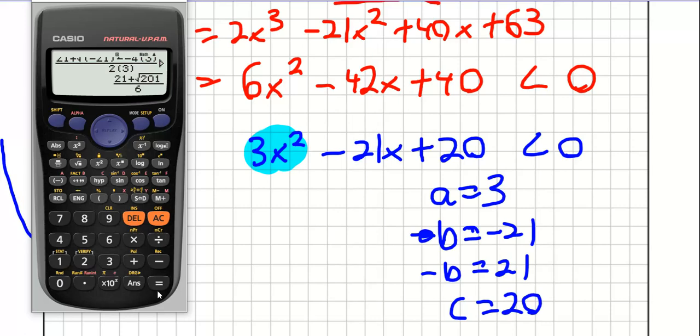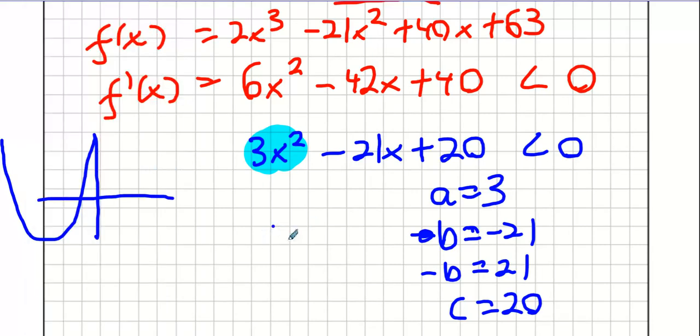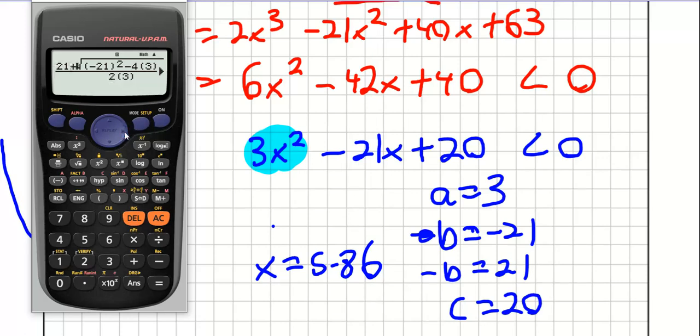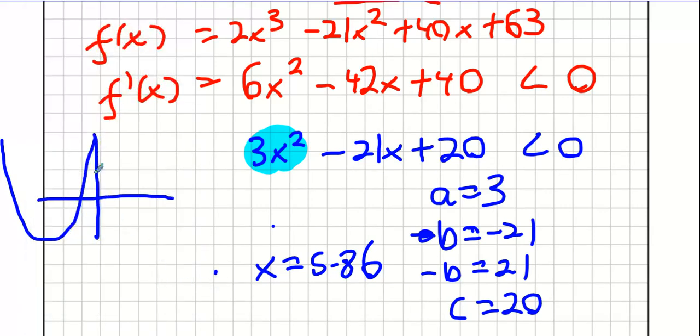I'm going to have this crazy number here, but I can always change that into a regular number, which is 5.86. So x equals 5.86. And when I go back in and change it to a negative, the other answer will be 1.14.